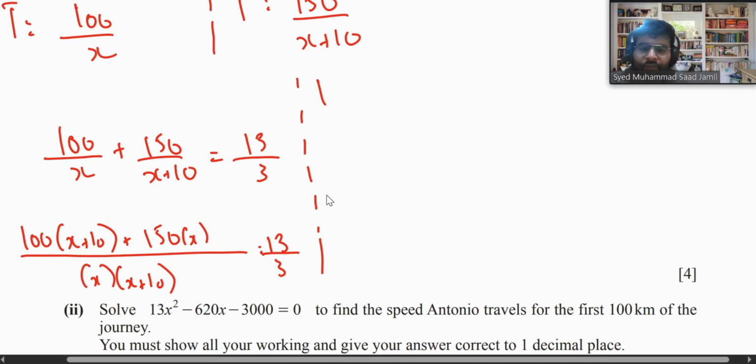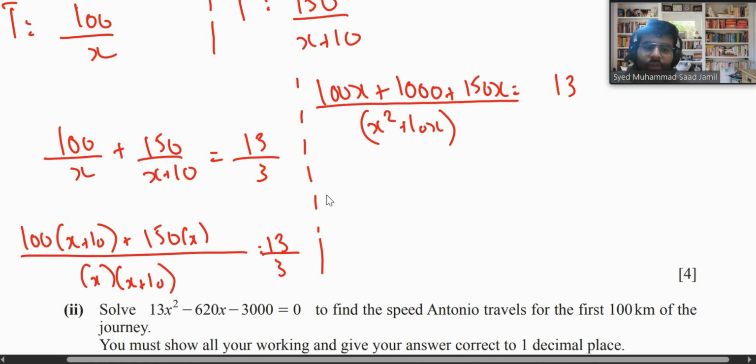So 100x plus 100 multiplied by 10 is 1000 plus 150x upon x square plus 10x is equals to 13 upon 3. Alright, so 100x plus 150x, that's 250x plus 1000. You will cross multiply like this.